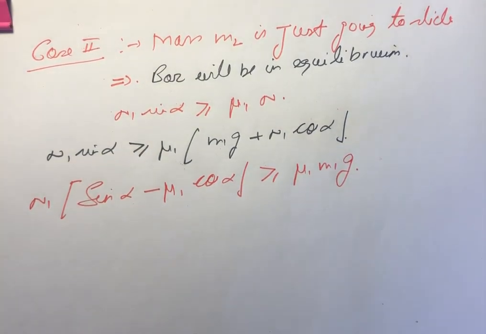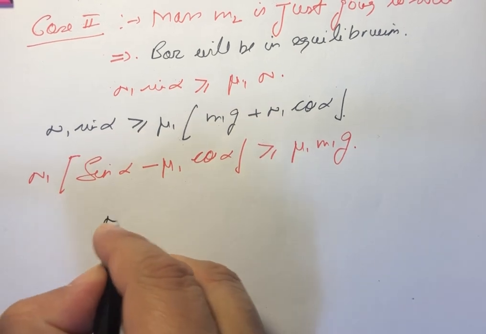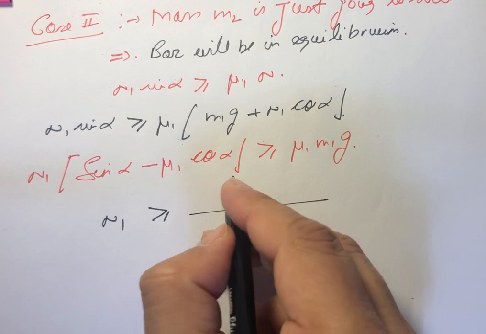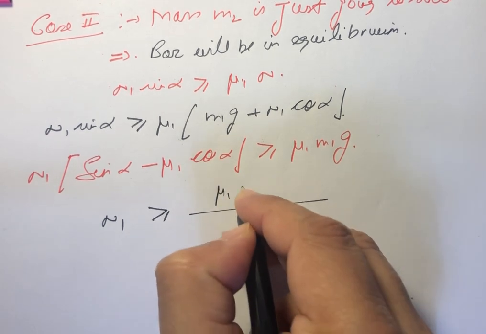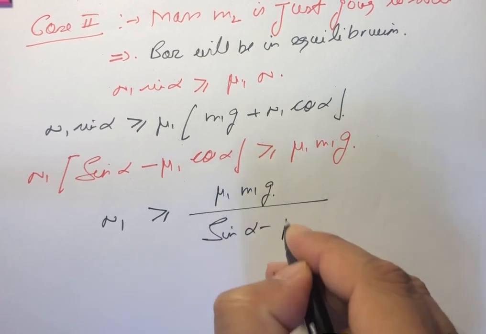And from here we can find n1 is greater than or equal to mu1 m1 g divided by (sin alpha minus mu1 cos alpha).